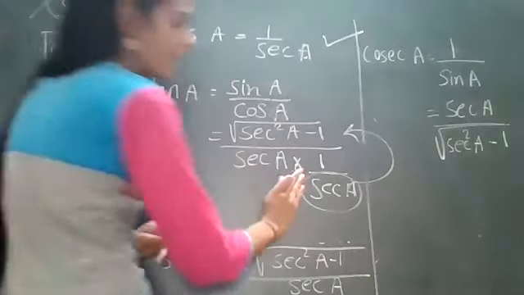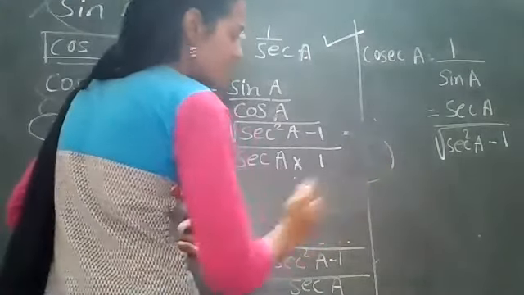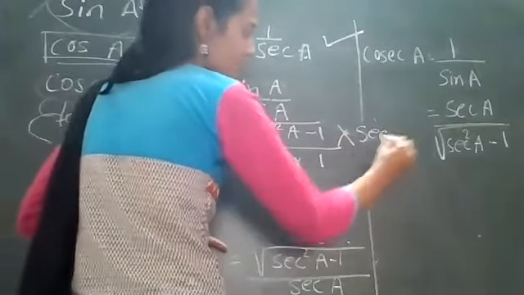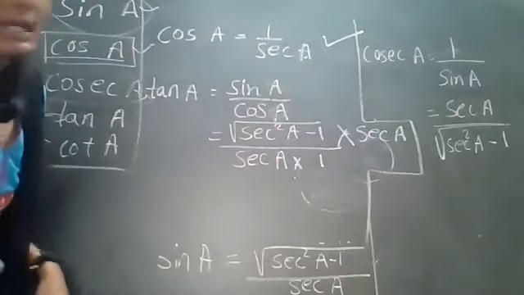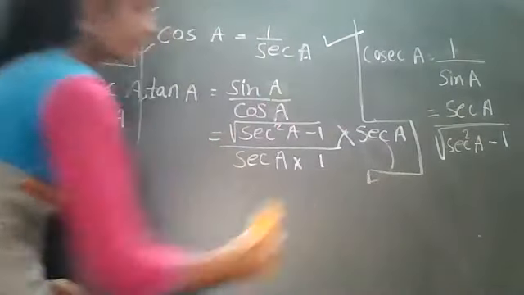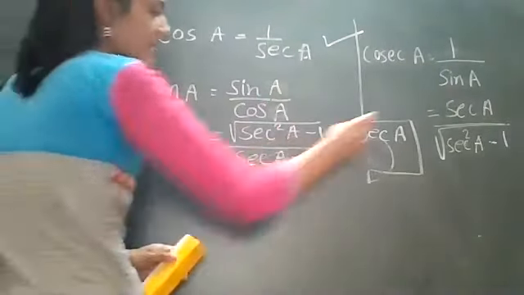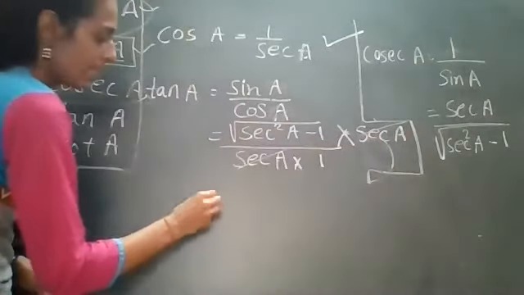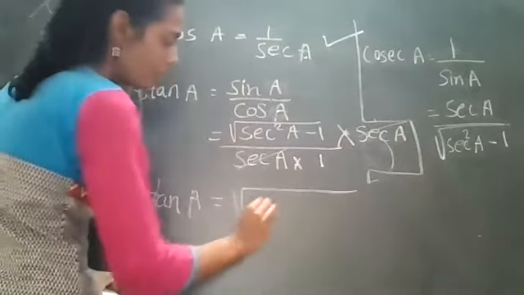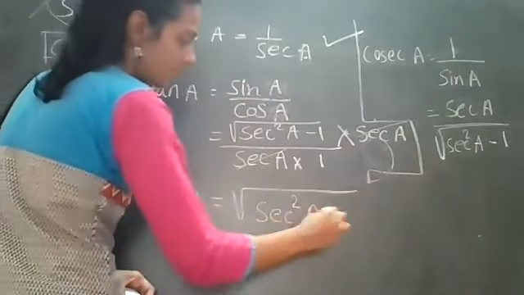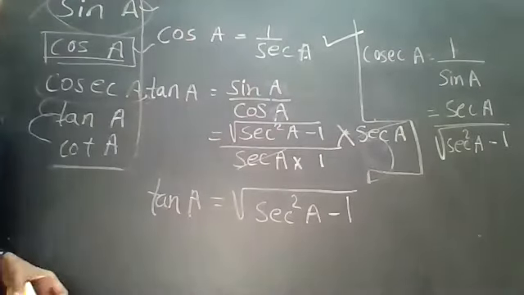I am erasing from here and writing sec A as a multiplication. Now simplify. This sec A and this sec A cancel out and you get tan A is equal to under root of sec square A minus 1. Getting this much?